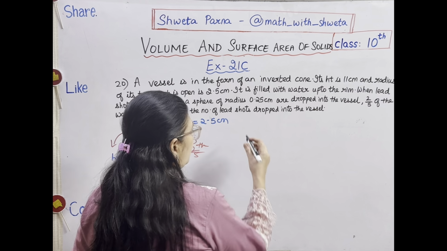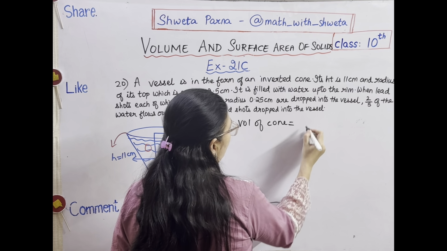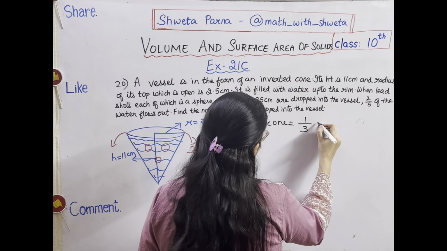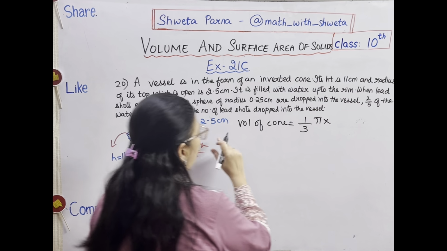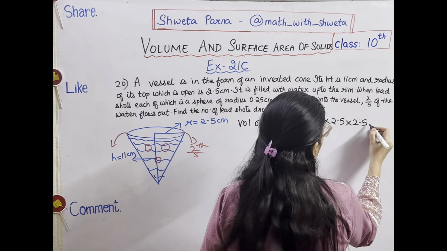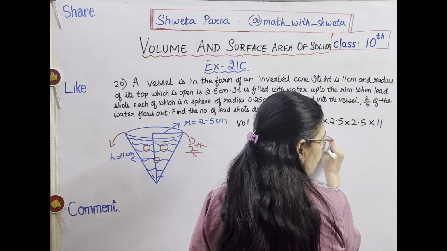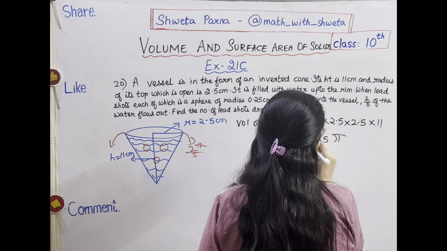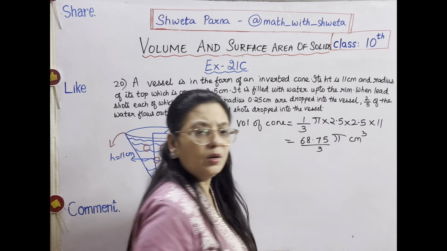So let's first find the volume of the cone, which is 1/3 pi r square h. Pi into 2.5 into 2.5 and height is 11. That gives 68.75 pi upon 3. This is the volume of the cone.